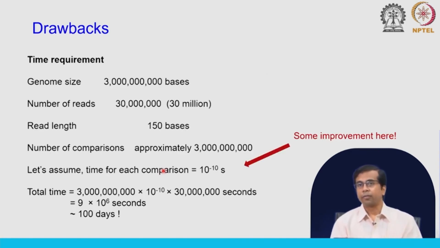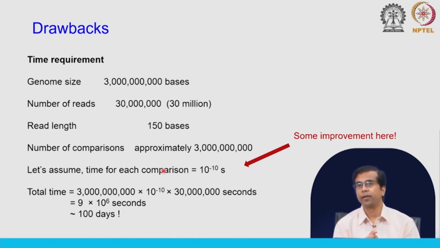Now, the drawbacks. As I said, there might be some improvement in this mismatch step. So, going back to the same example, we are looking at the same data. We have 3 billion bases in the reference sequence, 30 million reads, and a similar number of comparisons, but let us assume that the time for each comparison is now 10 to the minus 10 seconds.